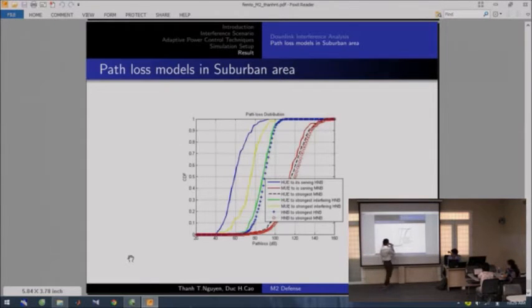And we can see that the maximum path loss between the femtocell and femtocell users is 110 dB.